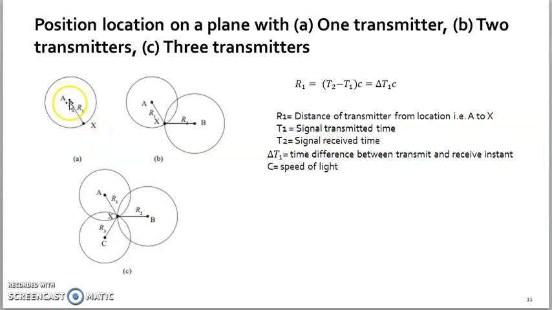If we know at what time that signal was transmitted and at what time that signal reaches the receiver there.